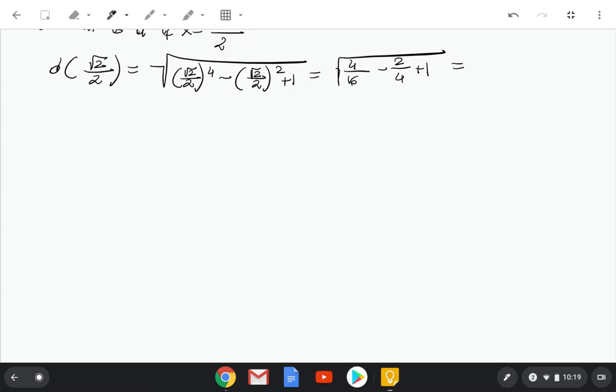Okay, and this is what we're getting. So 4 over 16, divide by 4, both of them. So you have a square root of 1 over 4 minus 2 over 4 plus 1. 1 I'm going to rewrite as 4 over 4.